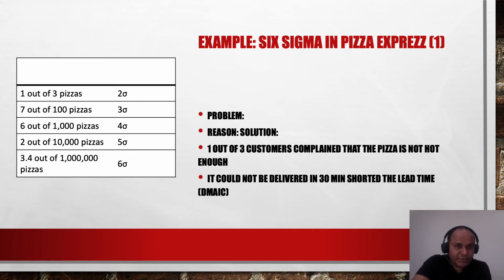So 1 out of 3 pizzas is 2 sigma, 7 out of 100 pizzas is 3 sigma, 6 out of 1000 pizzas is 4 sigma, 2 out of 10,000 pizzas is 5 sigma, and 3.4 out of 1 lakh is the Six Sigma pizza. In Six Sigma, you see how few problems are encountered, only 3.4. So how is it improving? Six Sigma means how the customer is going to be satisfied with our system and our process, if we are implementing it.